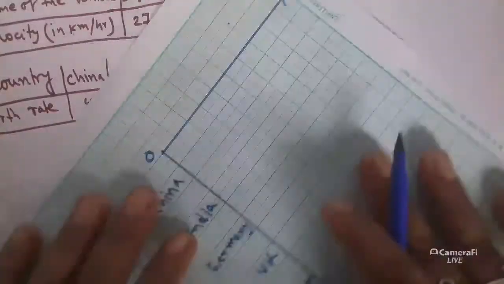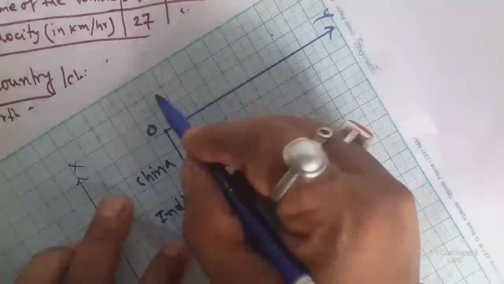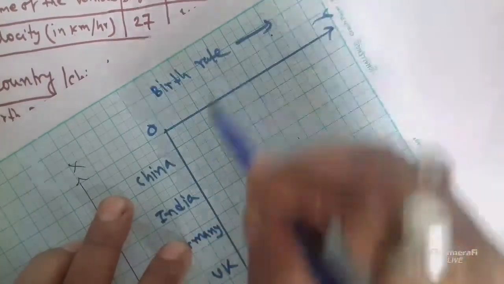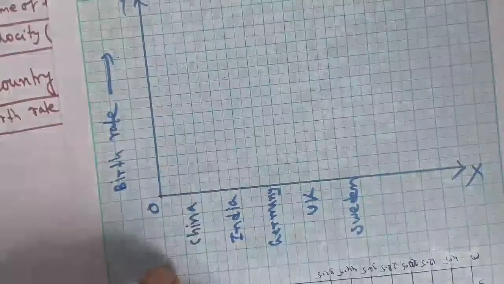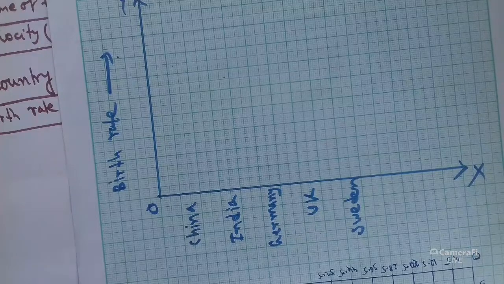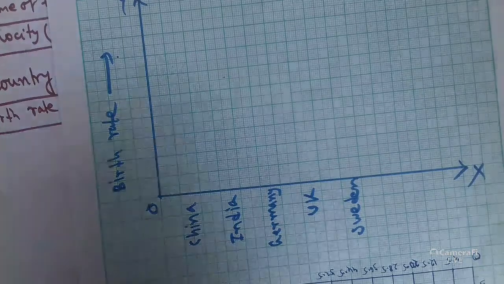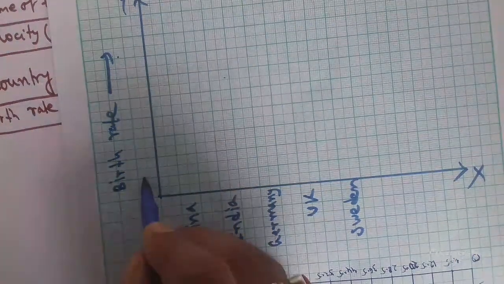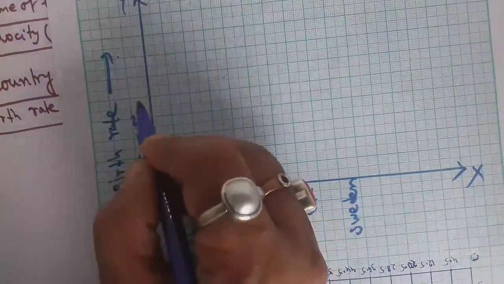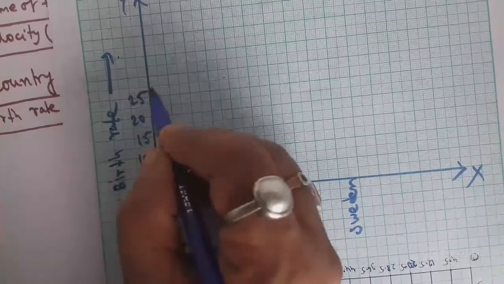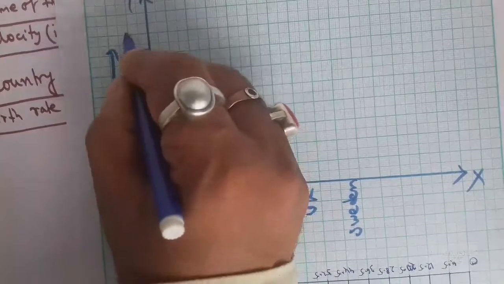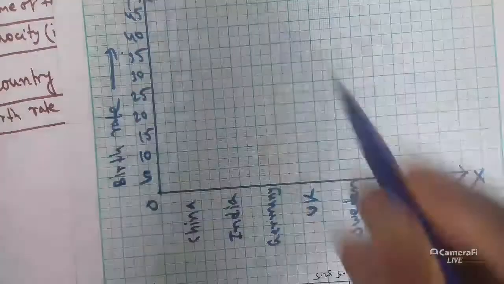And along the y-axis we take the birth rate per thousand. China is 42, so the highest value is 42. So we have to take up to 50. Each unit we take 5. So 5, 10, 15, 20, 25, 30, 35, 40, 45.